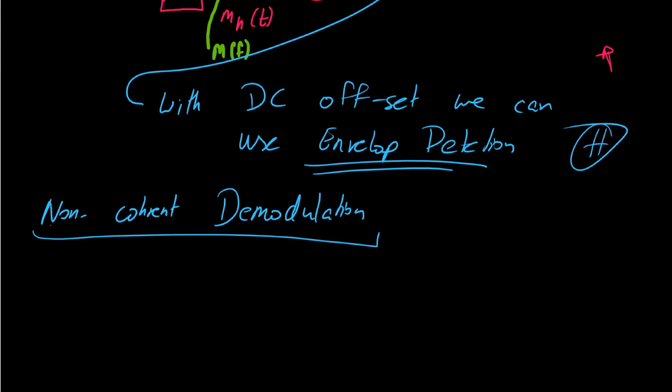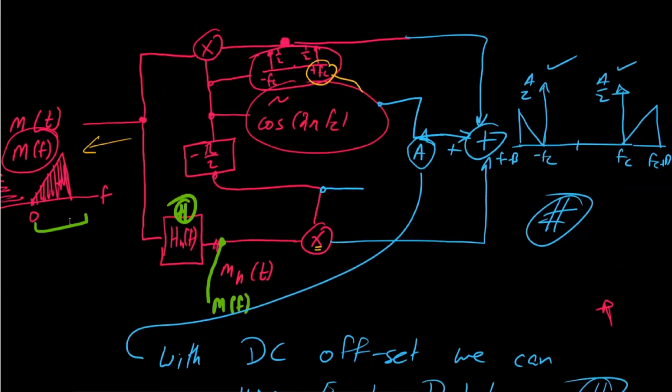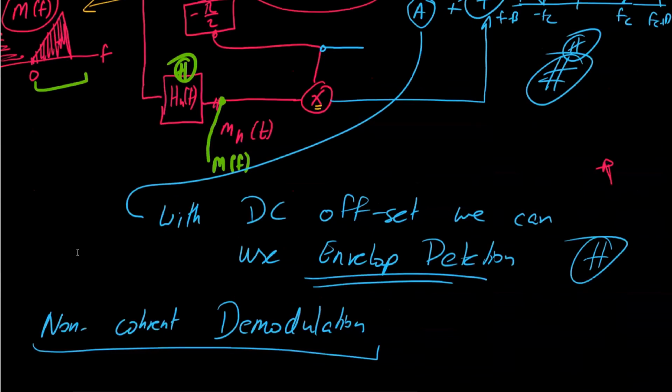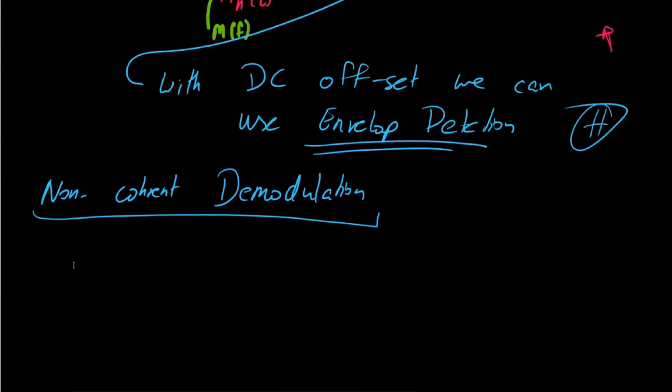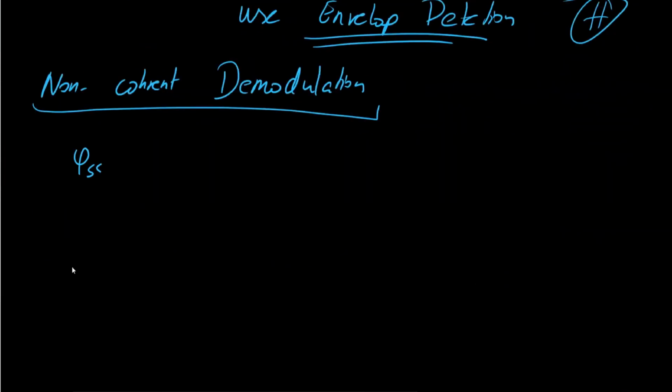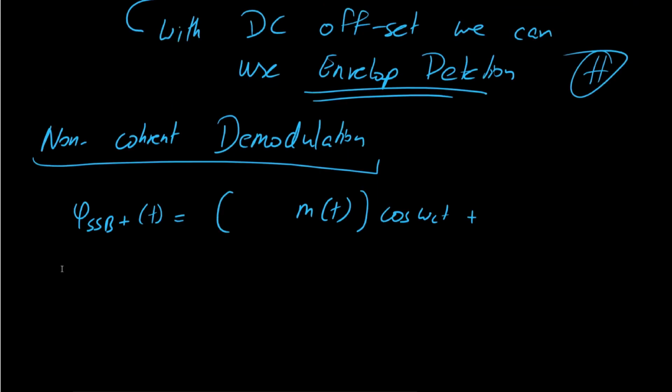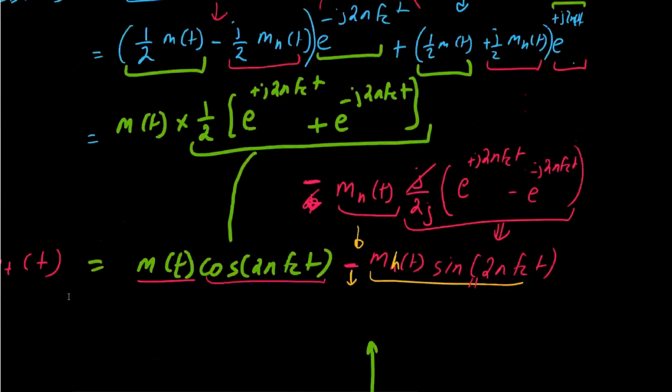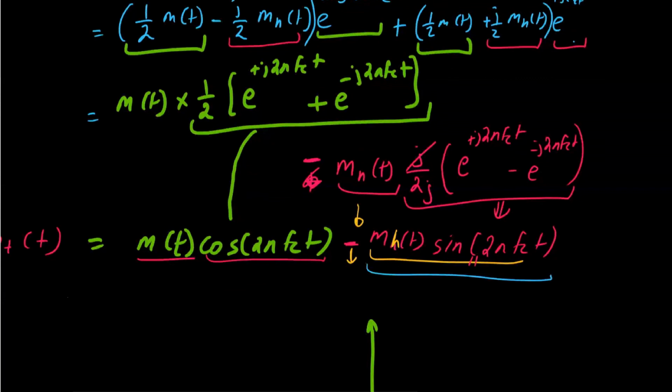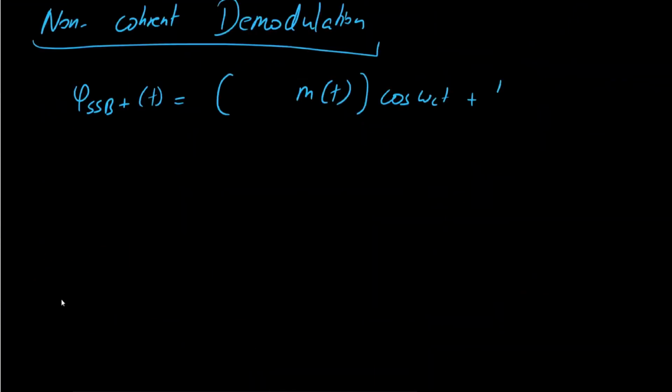Let us first say what is this thing that we would actually transmit in time domain. So basically, we have phi SSB plus of t, and we had a message signal m of t, which was multiplied with cos omega c t, plus then we had m_h of t sine 2 pi f_c t.